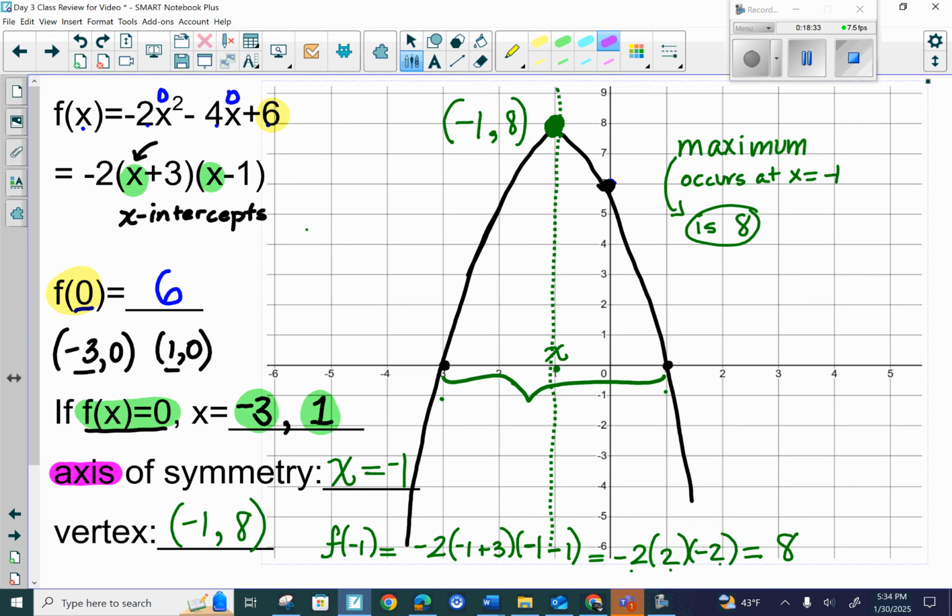And then you should know the axis of symmetry cuts it in half, and the vertex lies on the axis of symmetry, and you just plug the axis of symmetry value in for x and calculate your y value. This isn't something you need to memorize, but it is something that is nice to understand and figure out as you go.